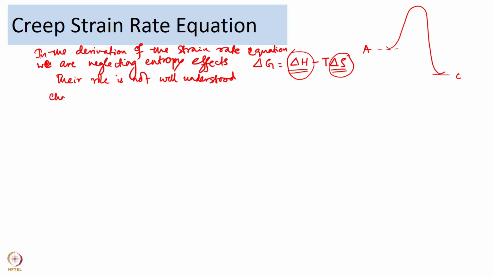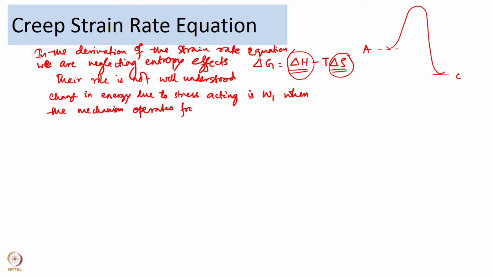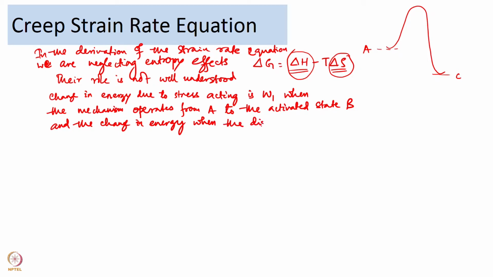So, the change in energy is W1 when the mechanism operates from A to the activated state B. When we talk of mechanism, we are talking about the dislocation mechanism, the mechanism by which the dislocation is moving.